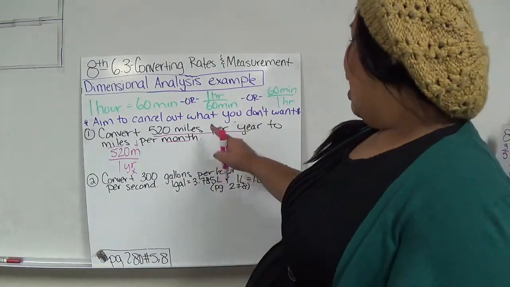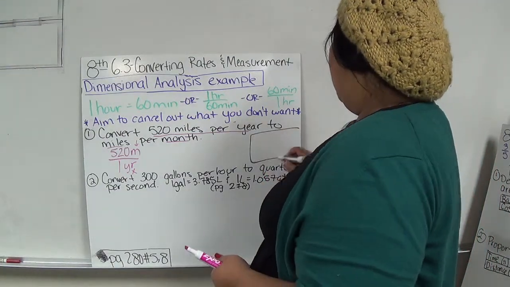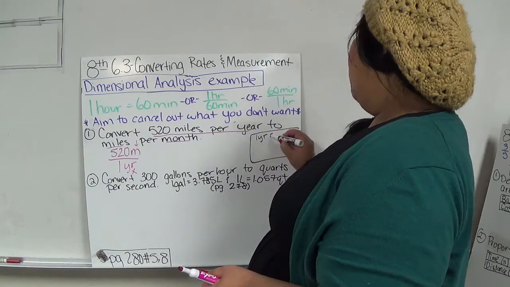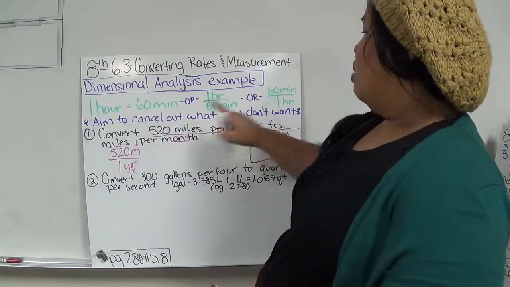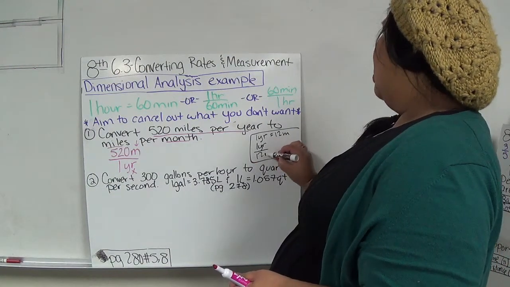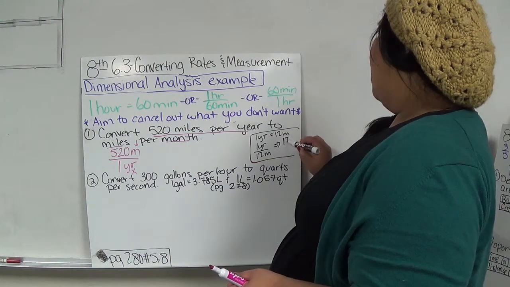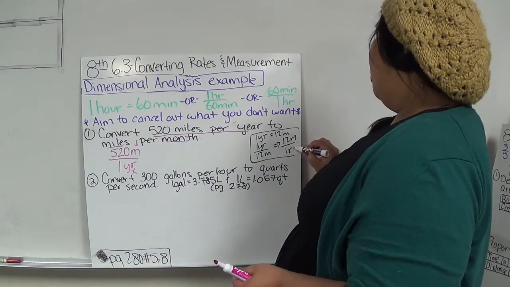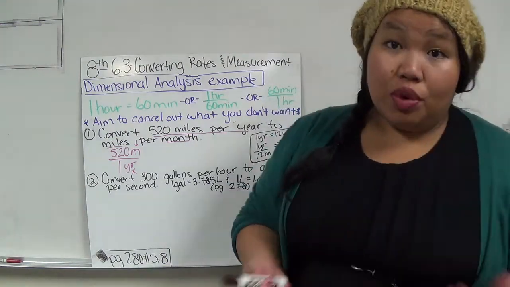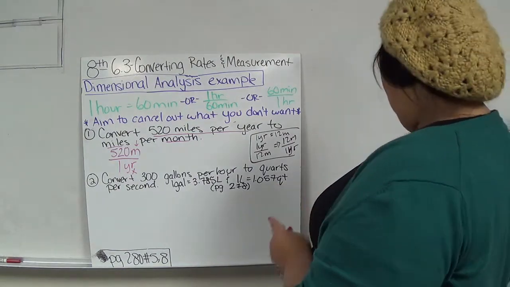So I want to keep this, but I want to get rid of this and turn it into months. Okay? I know, as a sideline here, that 1 year equals 12 months. So according to my dimensional analysis, I can do 1 year over 12 months, or I can do 12 months over 1 year. The question is, which one do I use? Well, I use the one that cancels out my year.